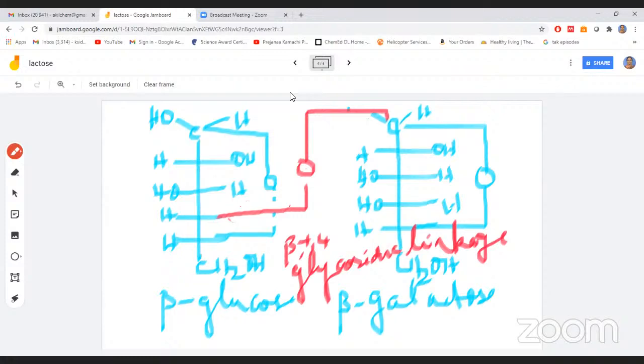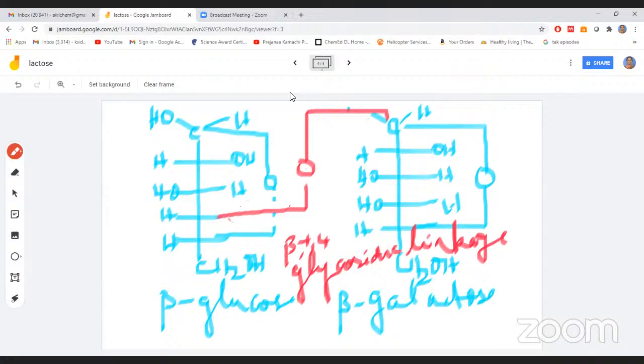It exhibits mutarotation, and it forms alpha methyl glucosides. From all these things, we understand that lactose contains a free carbonyl group, and from the osazone, we can understand that there is only one free carbonyl group. The other one is involved in the linkage, so there should be a 1,4 linkage.